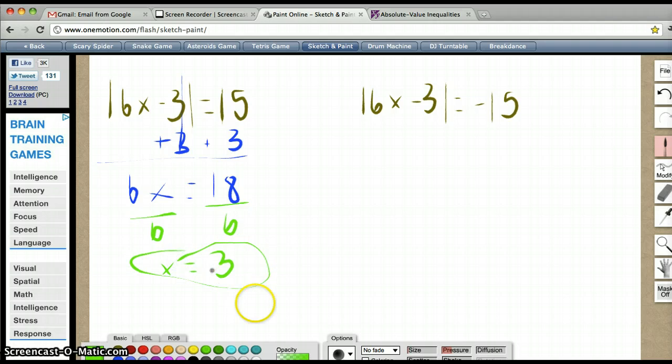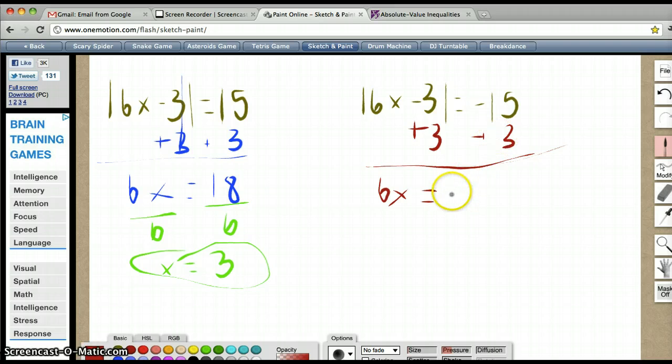So x is 3. Okay, we're going to go over to the other side. Again, we're going to solve for x. So we're going to add 3 to both sides. And we've got 6x is equal to, so a negative 15 plus 3 is going to be a negative 12.